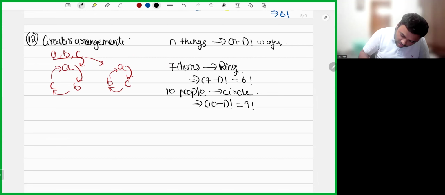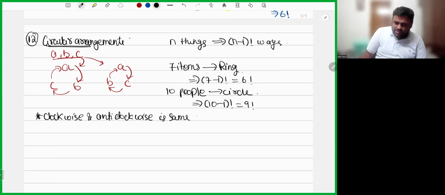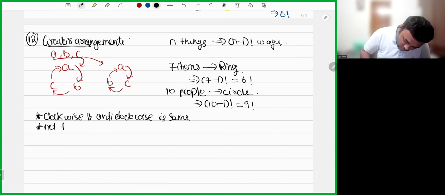Next. In circular arrangements, if clockwise and anti-clockwise is same, like I am saying garland arrangement, all these cases, or I am telling no two neighbors in same occasion.